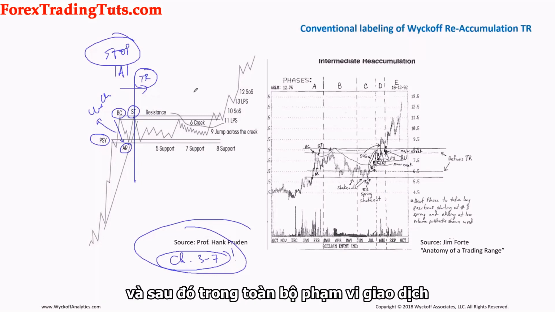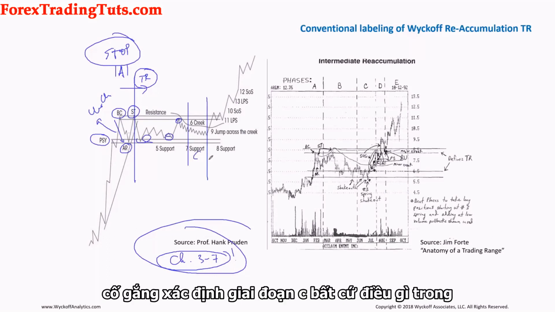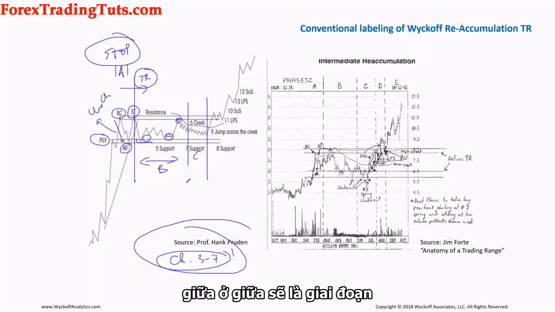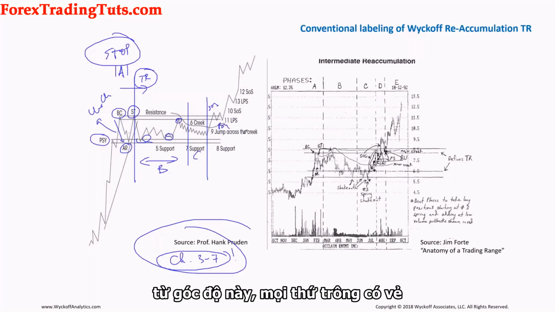And then throughout the trading range, again, we're going to define different points, Wyckoff events. We're going to try to define phase C. Anything in between is going to be phase B, sign of strength, backing up action. So from this perspective, everything looks the same as an accumulation, with the exception of the buying climax, automatic reaction, and secondary test.